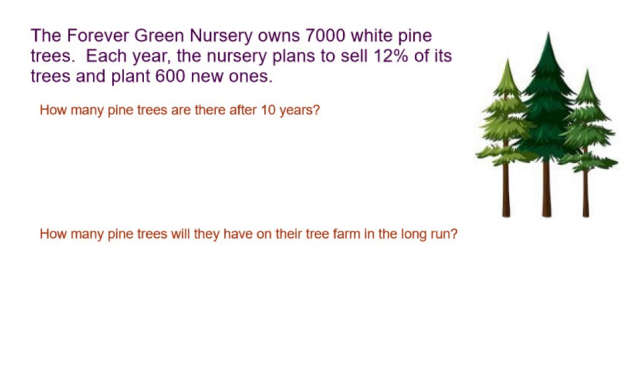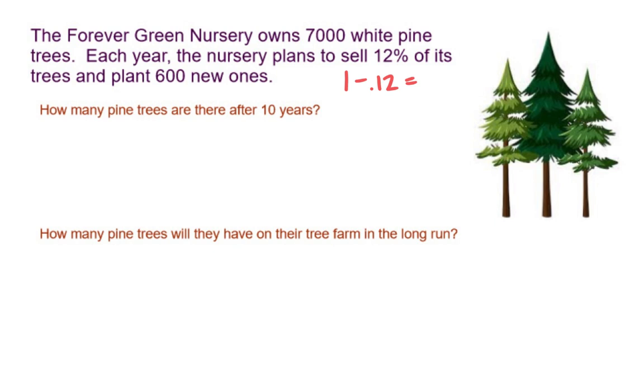All right. Forever Green Nursery owns 7,000 white pine trees. Each year they sell 12%, for holidays, something like that, maybe for people in their lawns. So they have to plant new ones. Okay. So if they sell 12%, let's start with that idea. They're losing 12% of their trees. So we do one, remember, we always do one plus or minus, but we're losing.